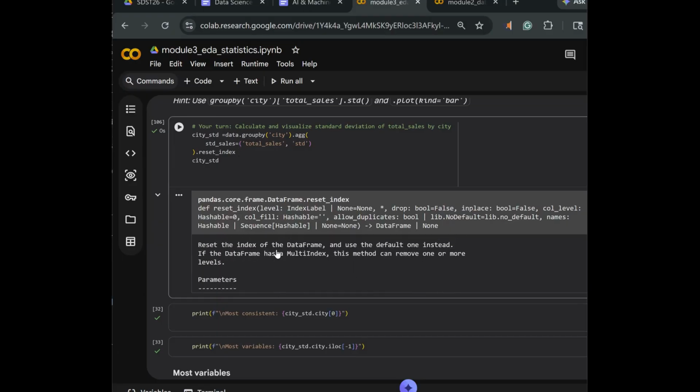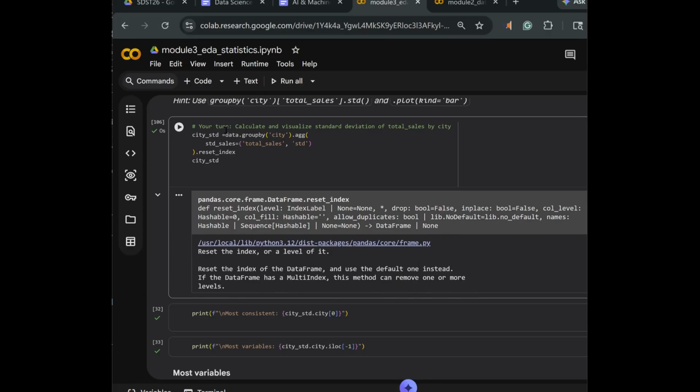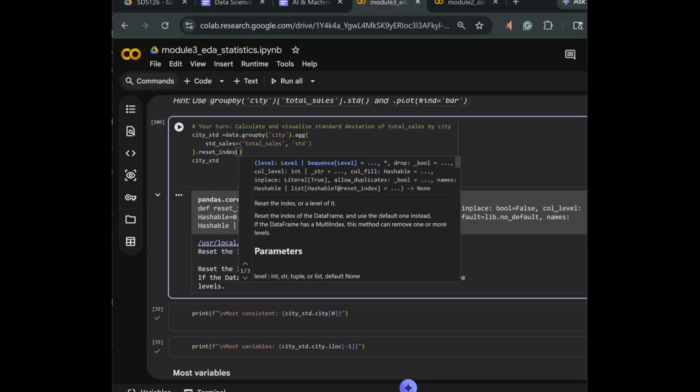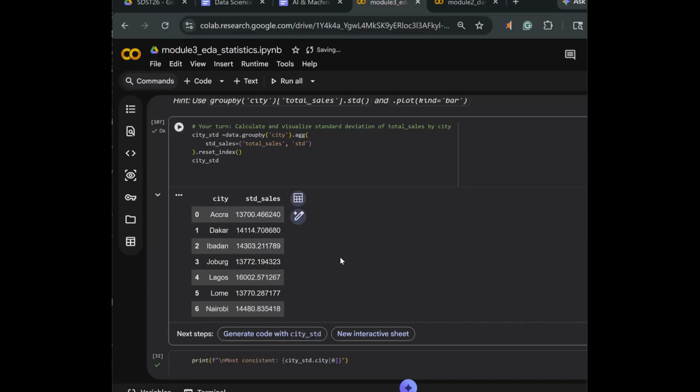It's giving us a warning, not an error, saying reset index needs to be put as a method. Keep making that mistake. So now that we have reset the index, we see city is now a column here and standard sales is here.